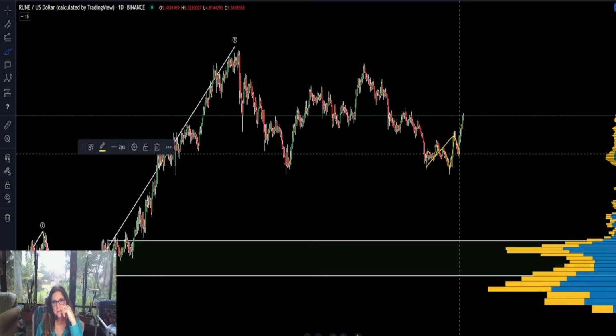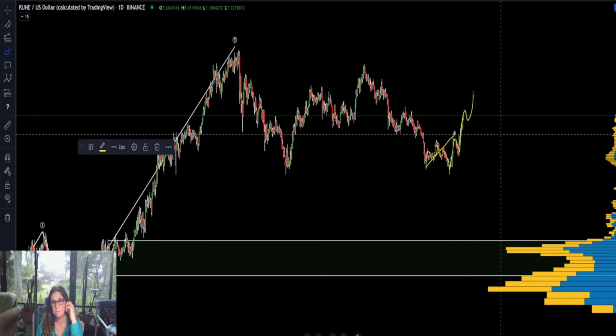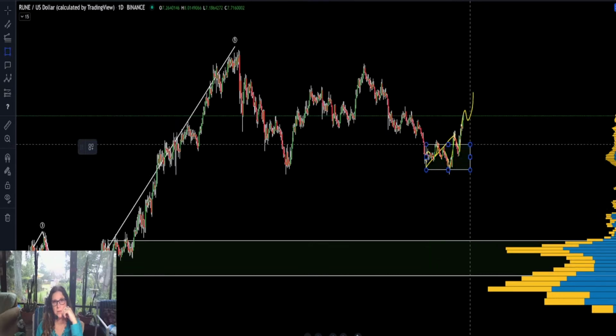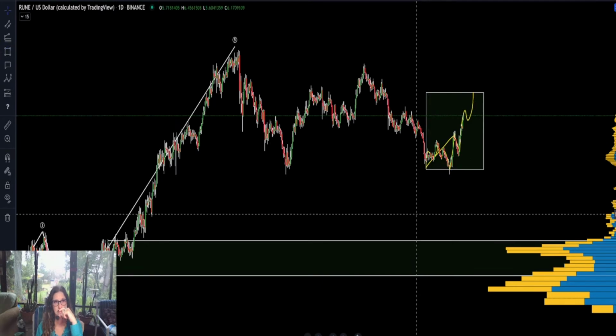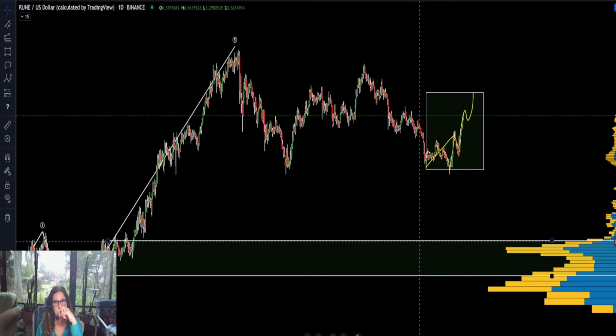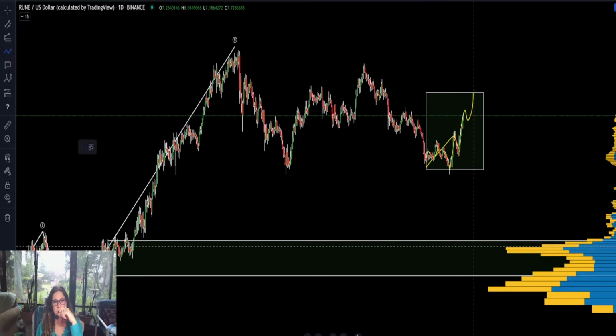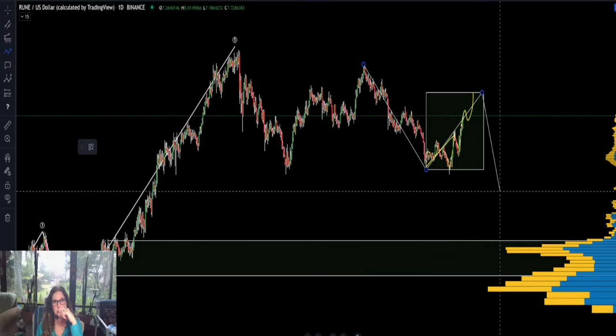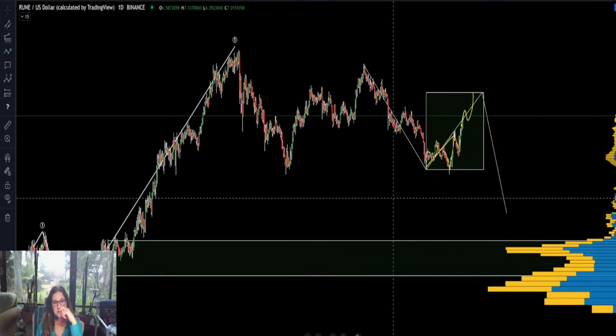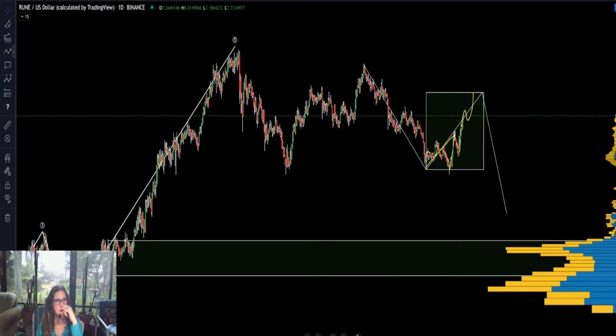This is an X, and now it's probably going to do a zigzag. Okay, so this is all now going to be a connector. Something like this, okay?